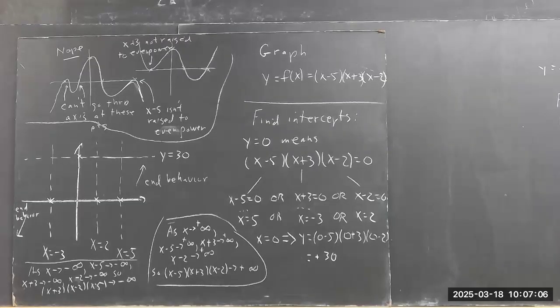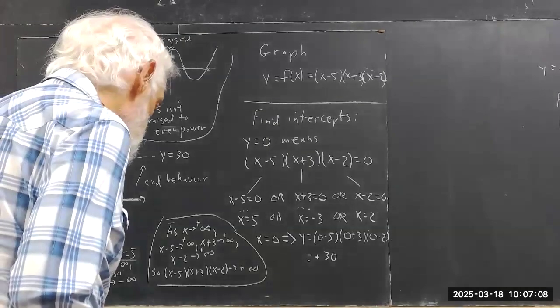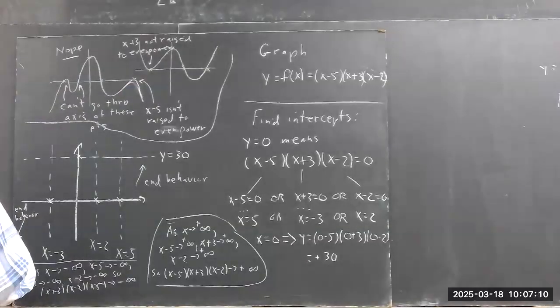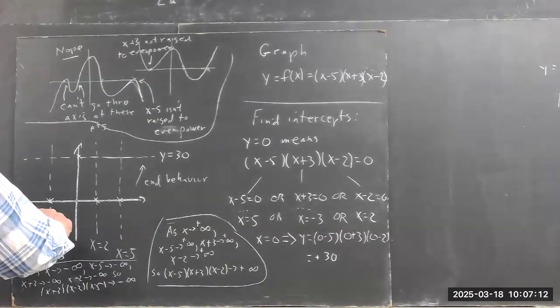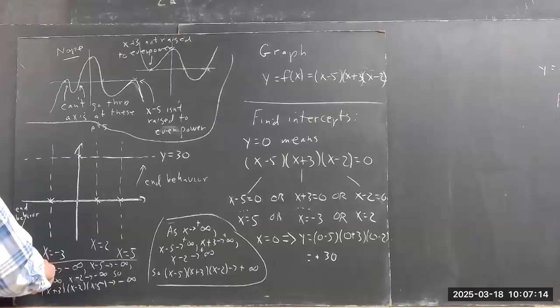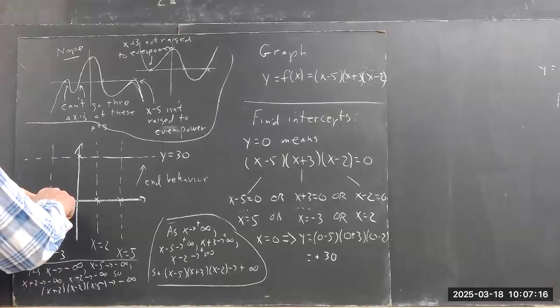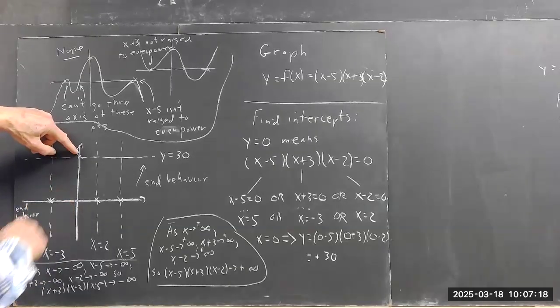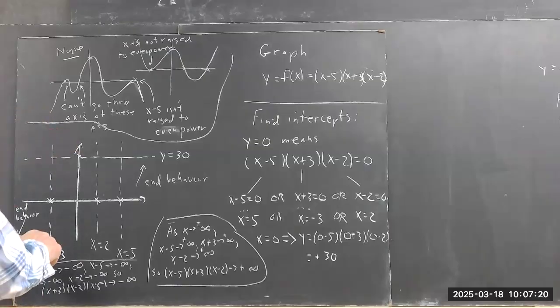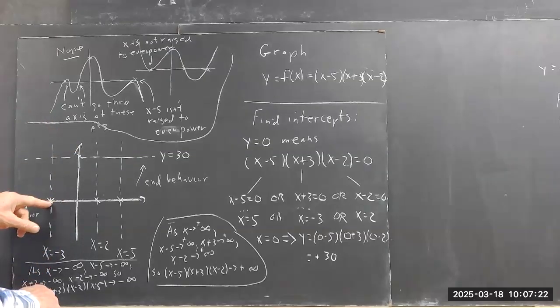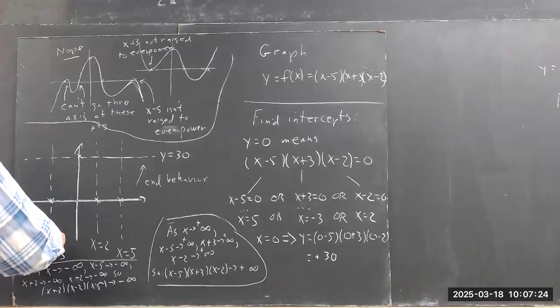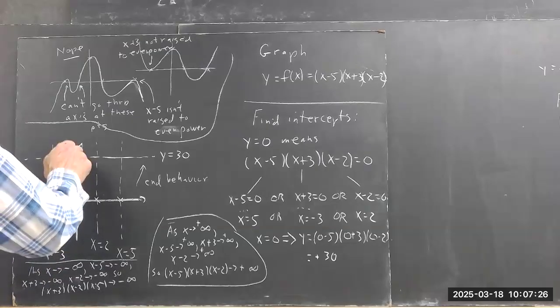Okay, so now we're going to draw the curve, and you did a good job of that. Let's just do it for everybody. So we've got to start low and go through this point. And then we have to go through this point because we can't go through the x-axis between here and here. So we've got to come up here, we've got to go through this point.